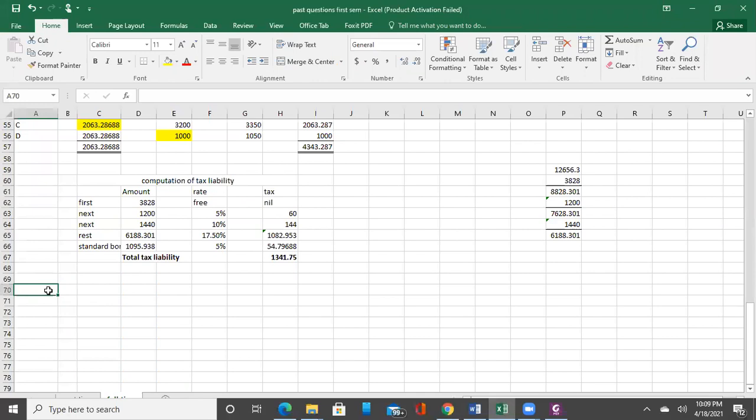Now, so question 4, we are going to look at it, which is on the computation of capital allowance.